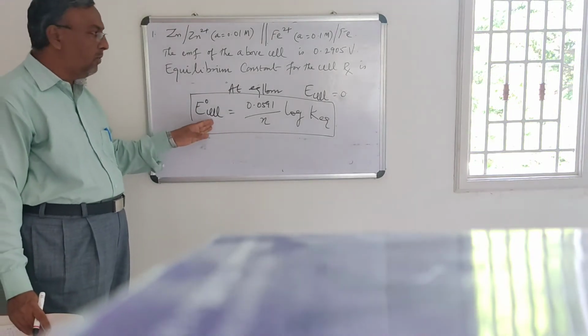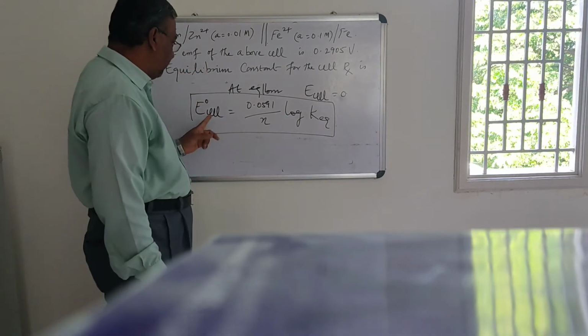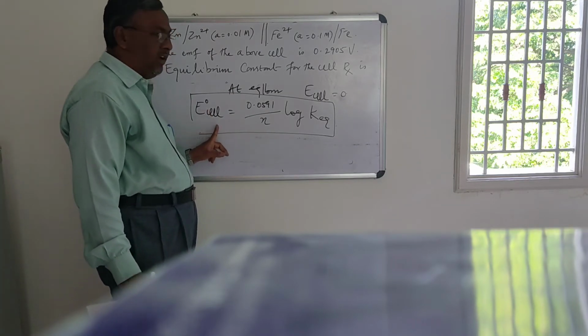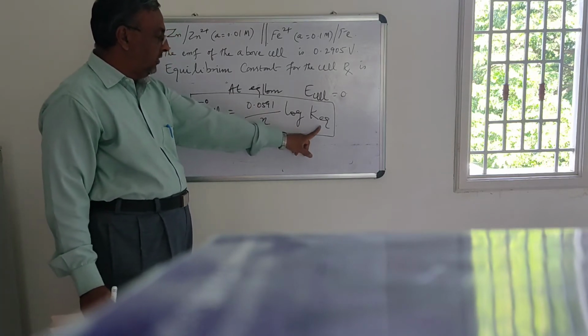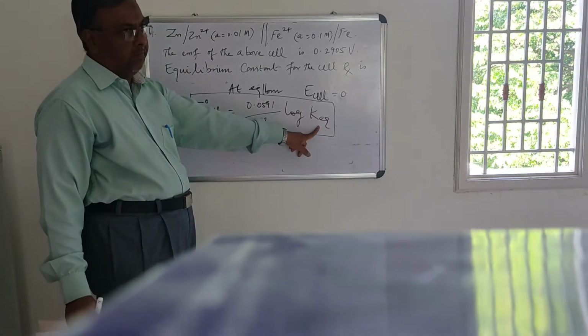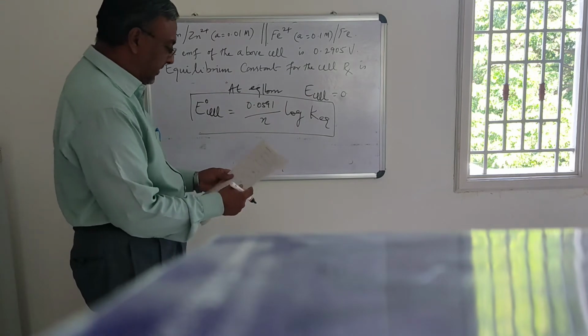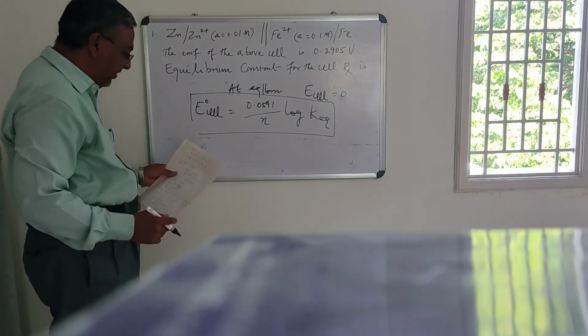So this problem involves 2 steps. First we have to find out the E naught cell. From the value of E naught cell, we have to find out the log K equilibrium. From this we have to find out the equilibrium constant. Now let us see how to calculate this.